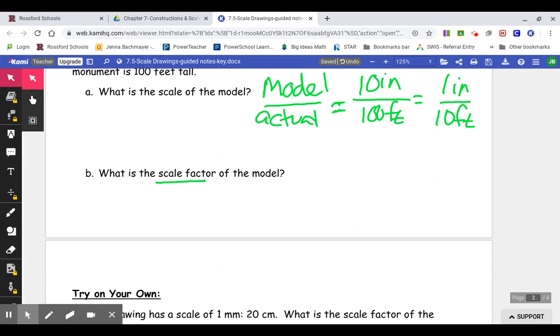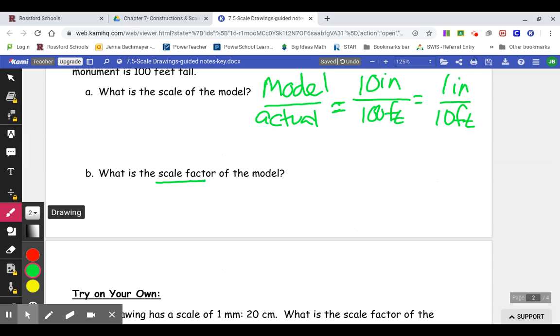So in this case, I'm going to have 1 inch still. 1 inch is representing 10 feet. Okay, that's what we started with. I want to convert my 10 feet into inches. Well, I know 1 foot equals 12 inches. Okay, so from here, I need to multiply the bottom by 12 because I'm just converting it from feet to inches.